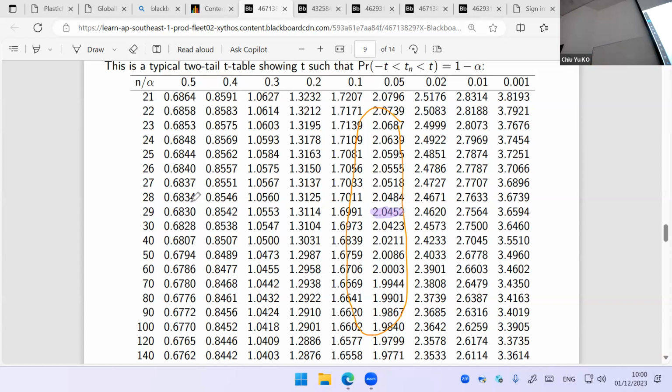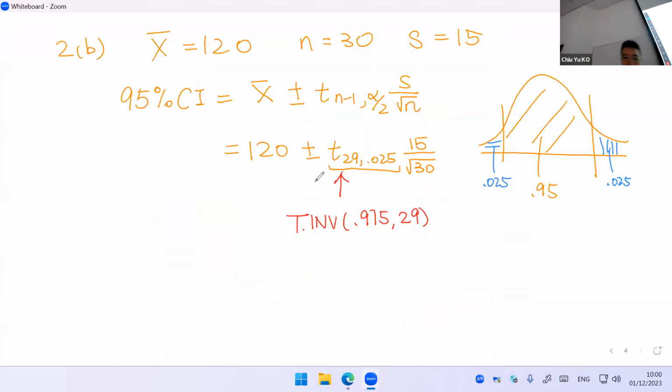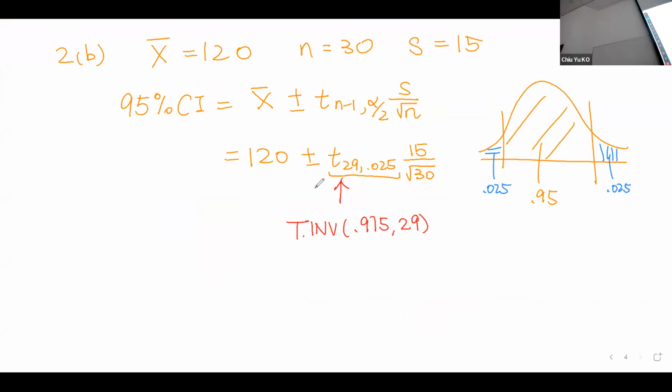So you put in the number there to be able to see it. Is that fine? You see what I'm doing there. Now we have done A and B, so let's go to C, D, E.